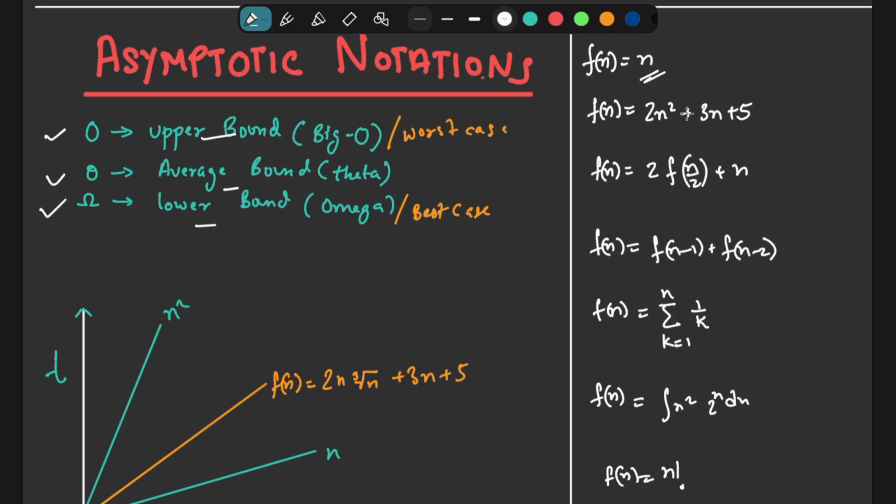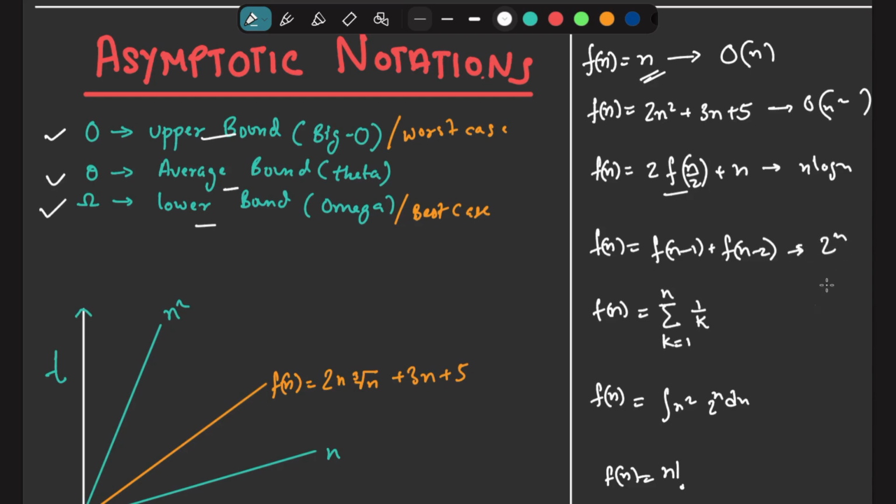We have seen this kind of time functions. This is linear, so it will be order of n. This one is quadratic, so it will be of order of n square. This is a recurrence relation, and if we simplify it, we get n log n. This one we saw in the recurrence relation in the previous video.